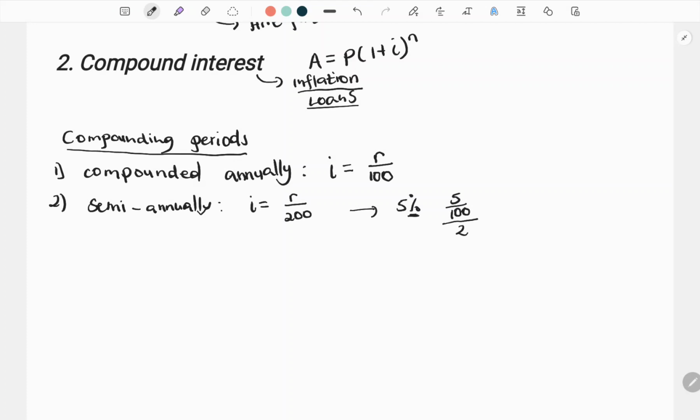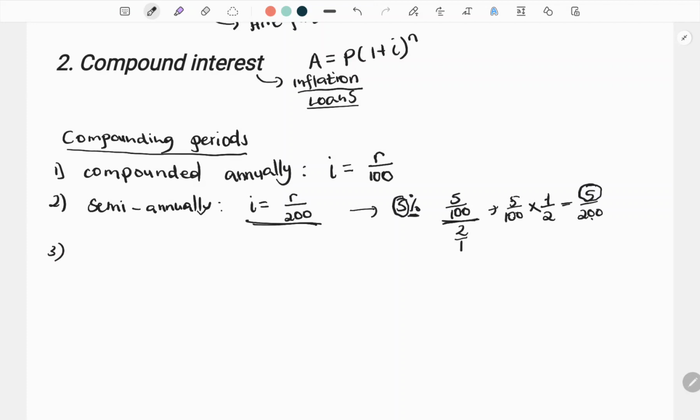It's 6 months, so you've got 2 semesters per year. Mathematically, 5 over 100 multiplied by 1 over 2 gives 5 over 200. So when they give you a rate, you just divide by 200. Just know the basic rule that you're going to divide by 200.